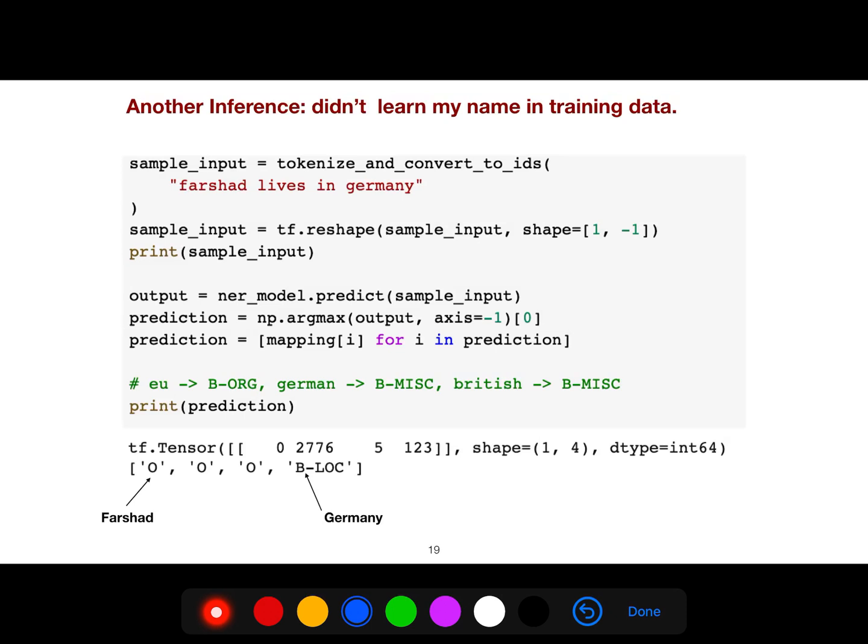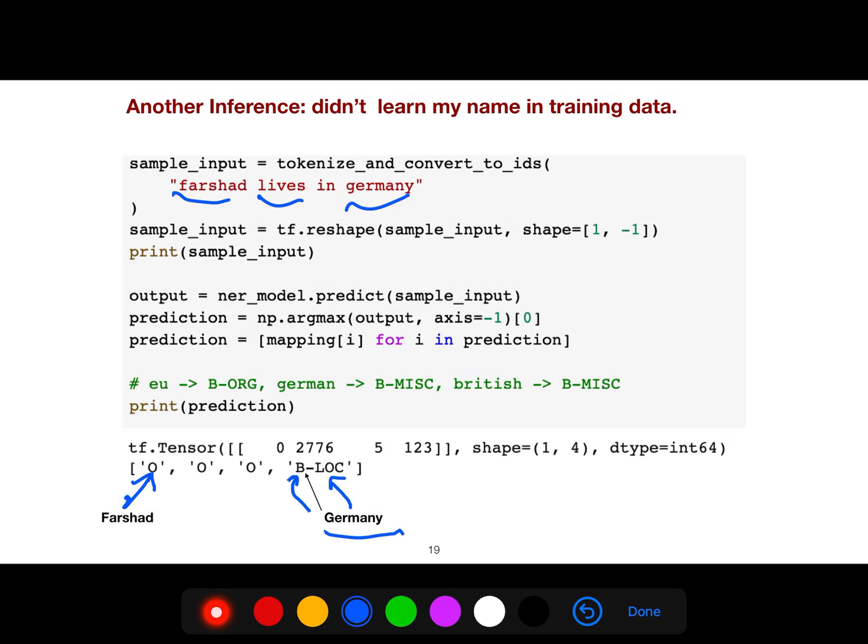And for example, it says, for Farshad lives in Germany, Farshad, here it doesn't know my name because it is not in the text. It hasn't learned that. But Germany, it uses EU, Germany, and those things in the text. So it has trained on the word Germany. That's why it understands that it's a location, and it's usually in the beginning most of the time, with high probability.